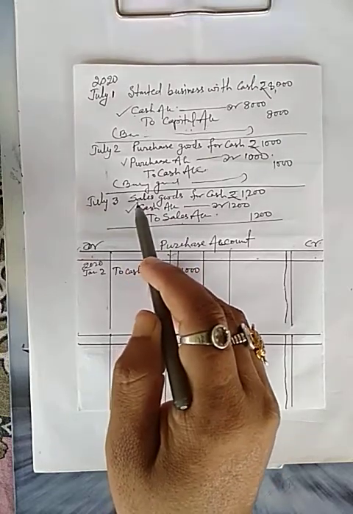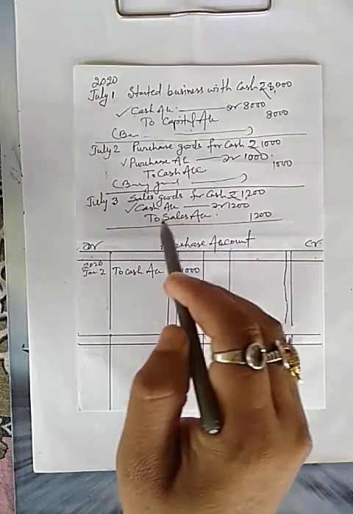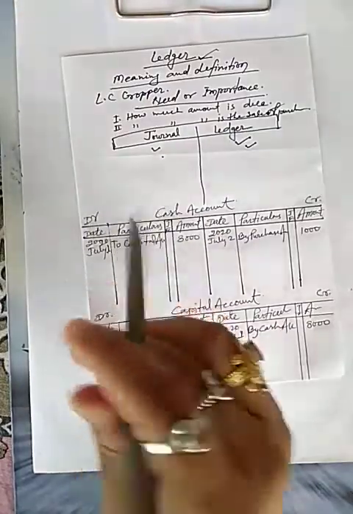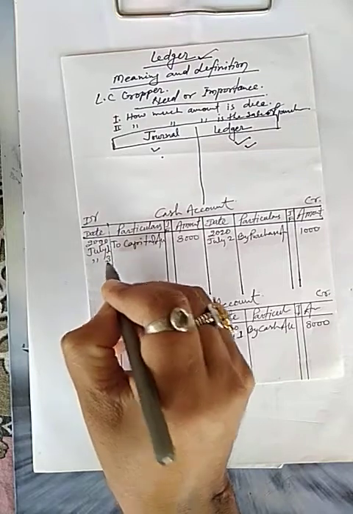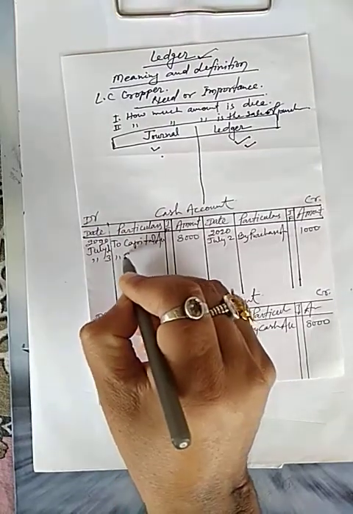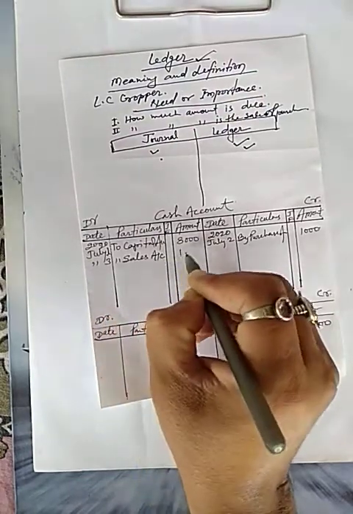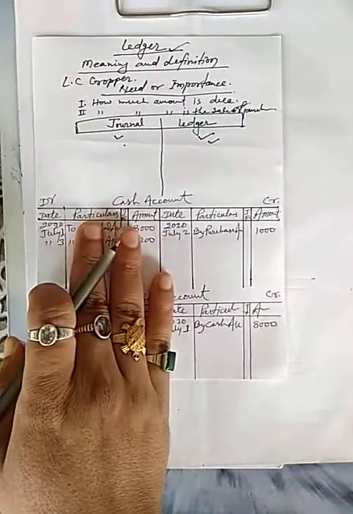Cash is in debit, so in debit side of cash account I will post to sales account. So let us see. July 3 to sales account 1200.